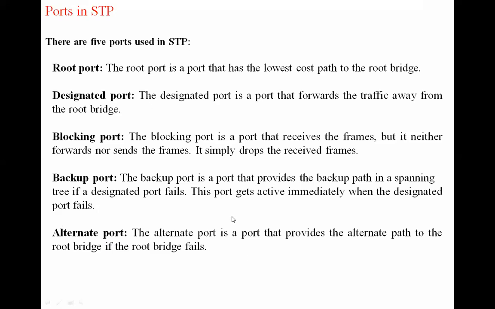In this spanning tree protocol, we are using the ports: root port, designated port, blocking port, backup port, and alternate port. These are the 6 protocols we have seen in collision detection and collision avoidance. One is Aloha.